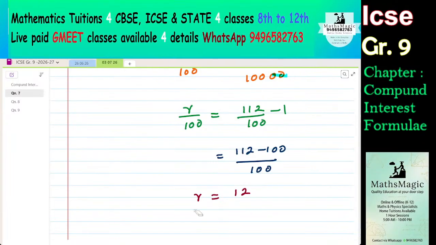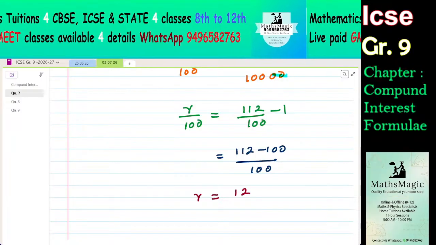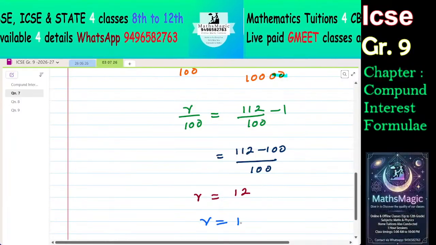Now you have the rate as R equals 12 percent.